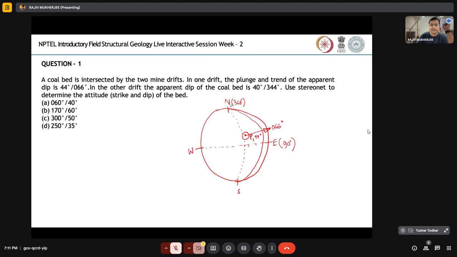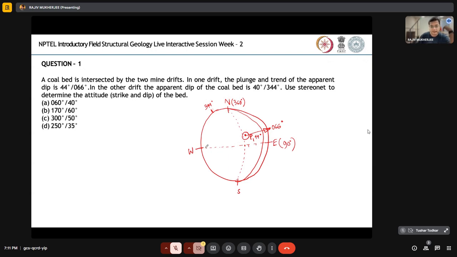So for 344 it will be shifted towards the west, somewhere around this much. So this is 344, right? And it is pretty close to the previous point. So 44 degrees and 40 degrees are almost close to each other.